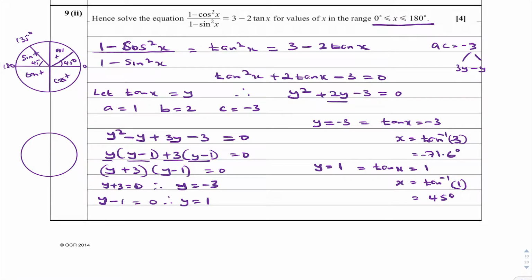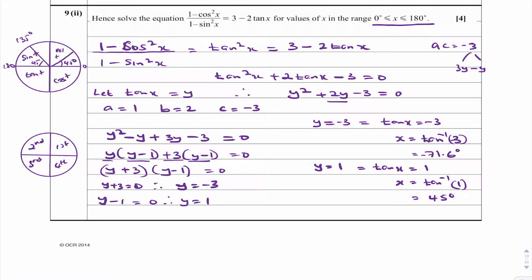Sine is positive here, but I'm looking for tan. Tan is negative in the second quadrant, so that's first, just to remind us again. That's the first quadrant, second quadrant, third, and fourth.